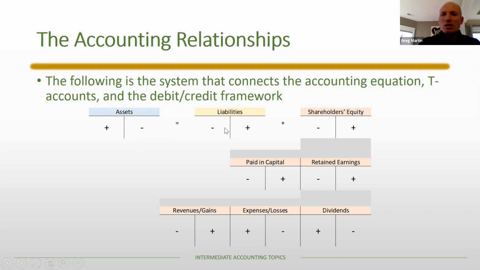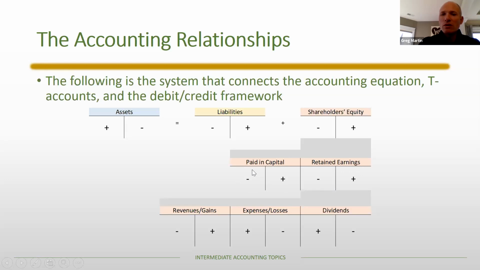What increases liabilities, a debit or a credit? Given this picture right here. Good. So credits increase liabilities, debits decrease liabilities. Instead of plus and minus, now we're talking debit, credit. Shareholders' equity is similar to liabilities. They increase with credits, decrease with debits. And that's true for both permanent shareholders' equity accounts, paid in capital and retained earnings. Again, increase with credits, decrease with debits.